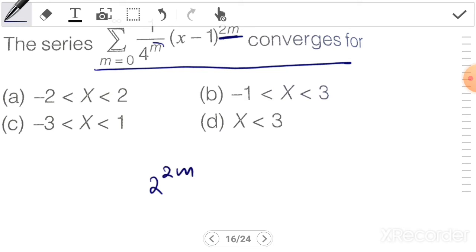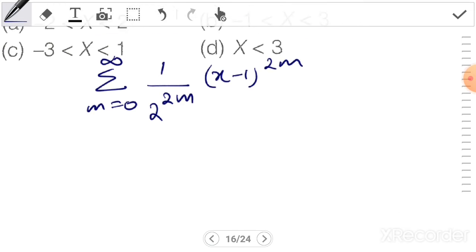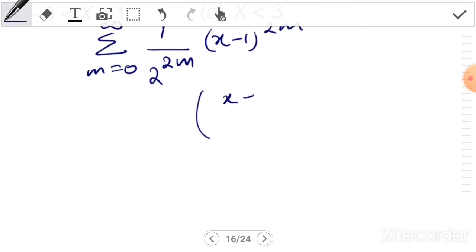So now summation m is equal to 0 to infinity, 1 by 2 power 2m into x minus 1 to the power 2m. Okay, so now take this inside, x minus 1 by 2 to the power 2m.